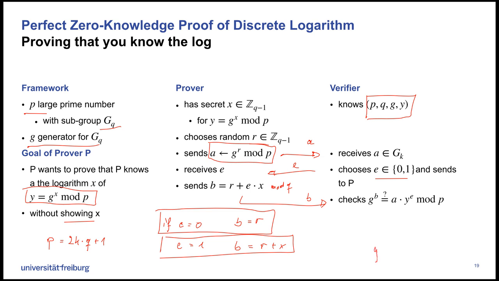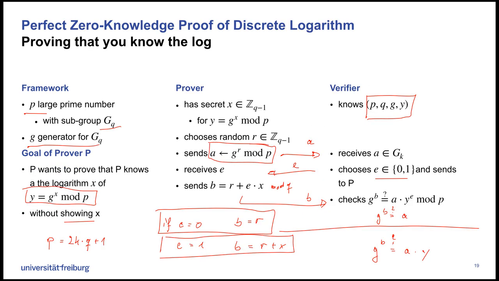So here we check g to the b is equal to a times y, and here we check g to the b is equal to a. These are the two tests that we perform. I just noted it again within this easier notation where I multiply with a Boolean bit.